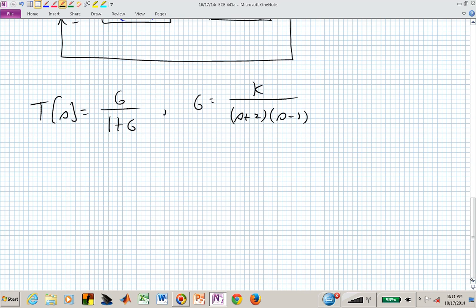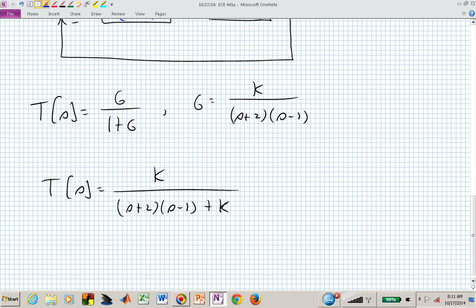Then if we do that algebra, we end up with K over S plus 2, S minus 1 plus K. There I've obtained a common denominator in the numerator and denominator. That then cancels, and now I'm left with just a ratio of polynomials, the numerator polynomial and the denominator polynomial.